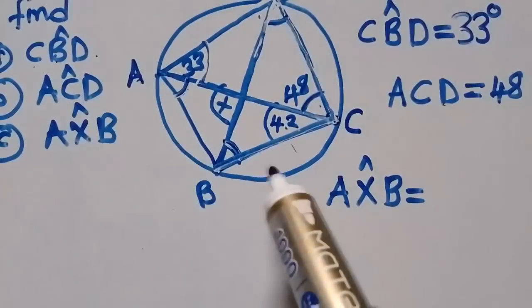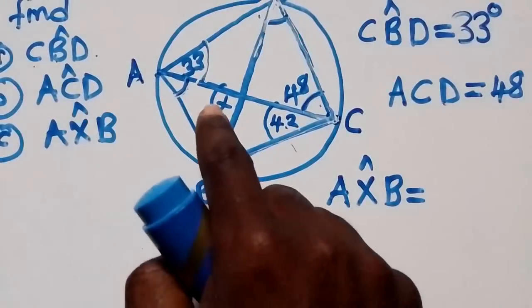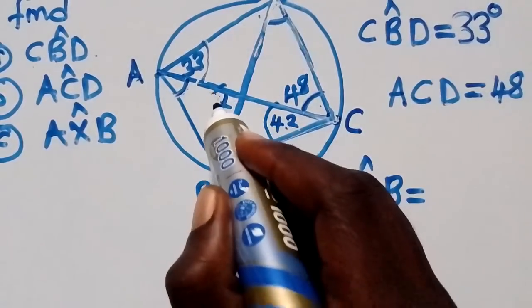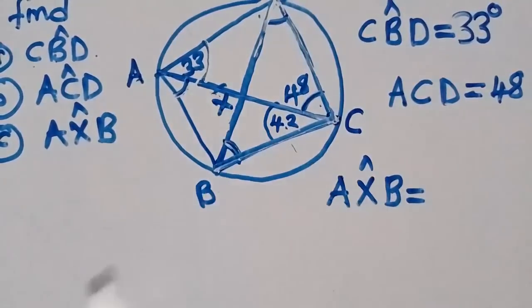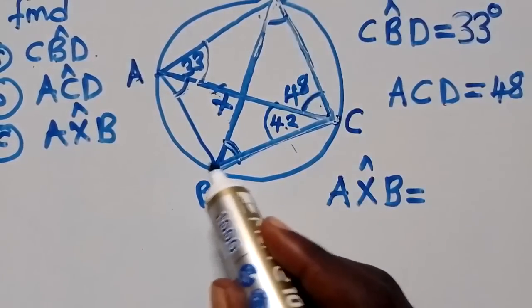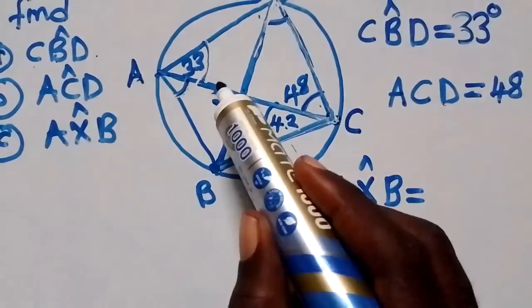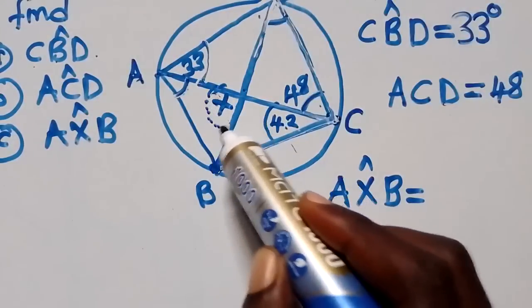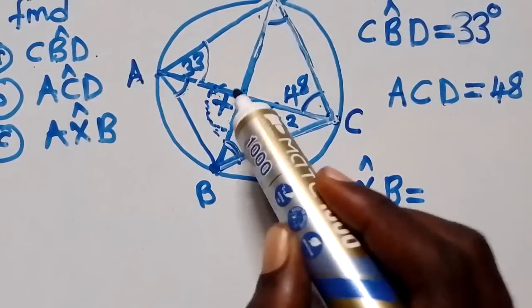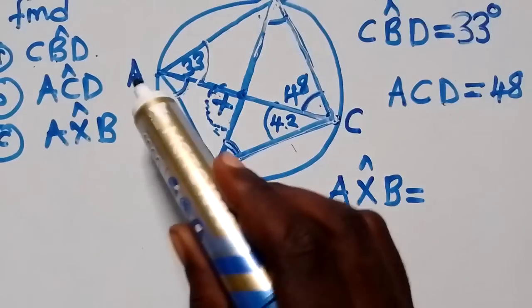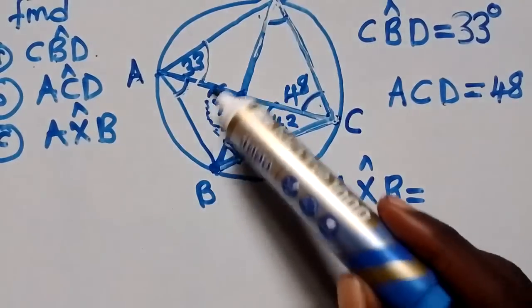This part is not supposed to be an angle, it's supposed to be x. Ax, then b here. So axb. We want to find the angle which is there. The point there is x.